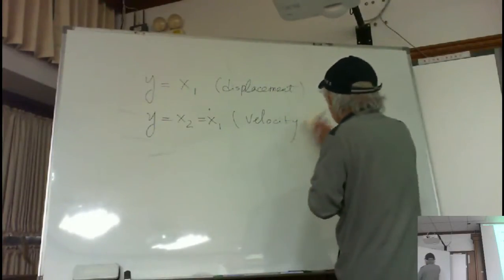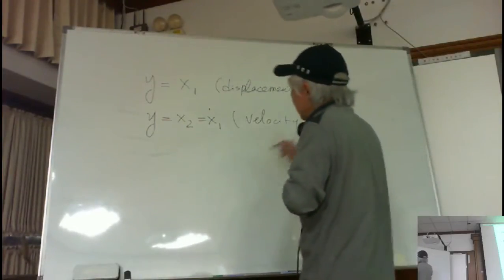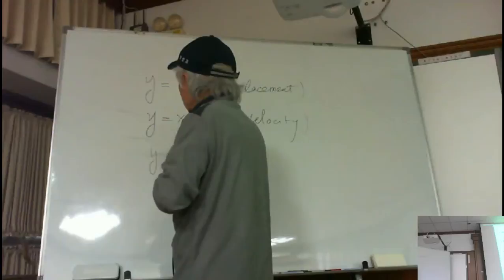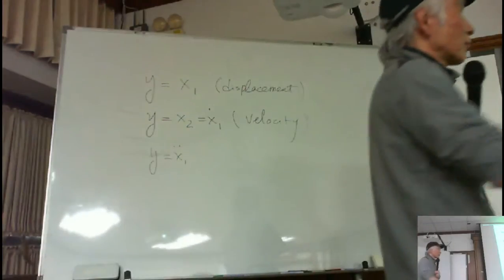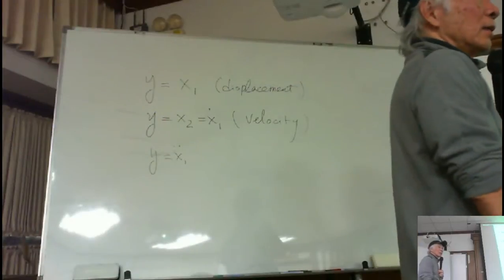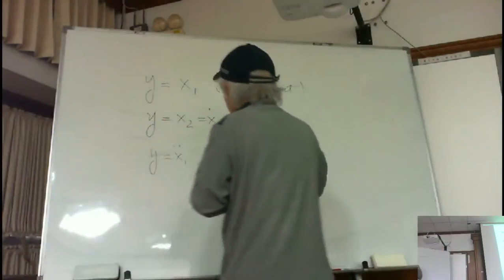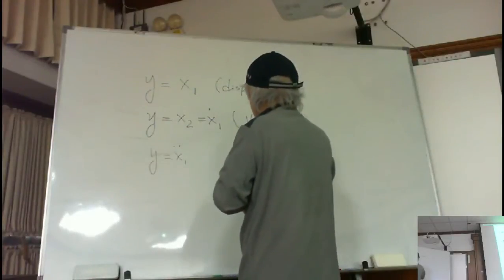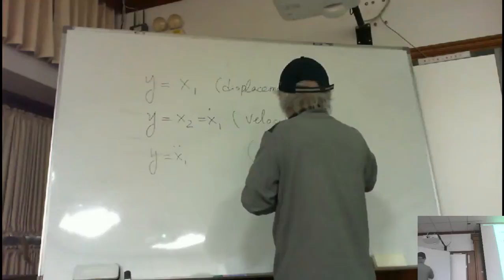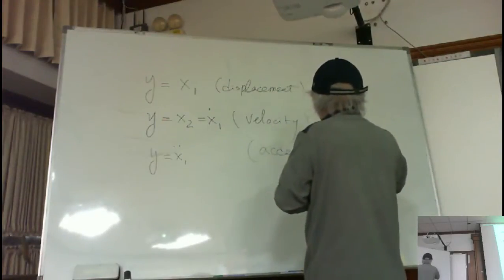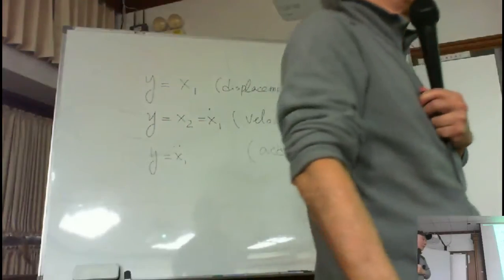Then, if I give you y equal to x1 double dot, y can be x1 double dot. If I use an accelerometer, then you measure the accelerations.